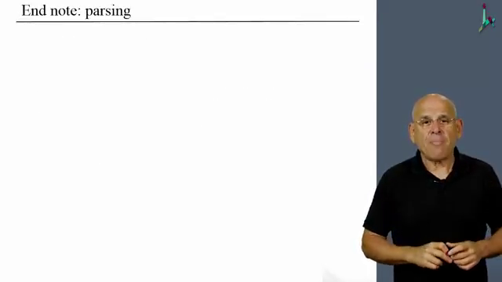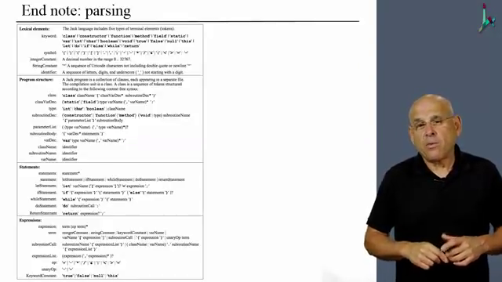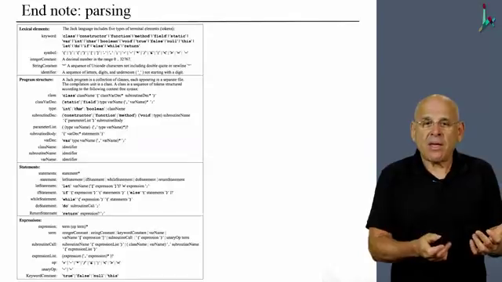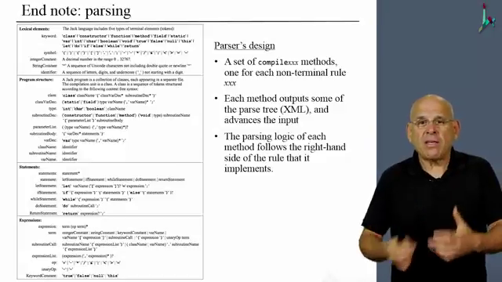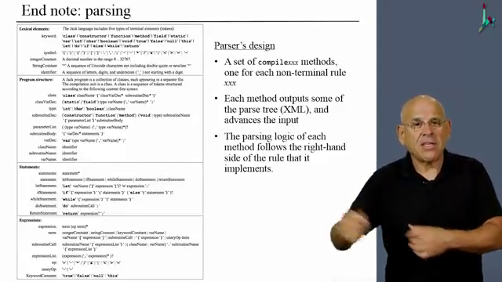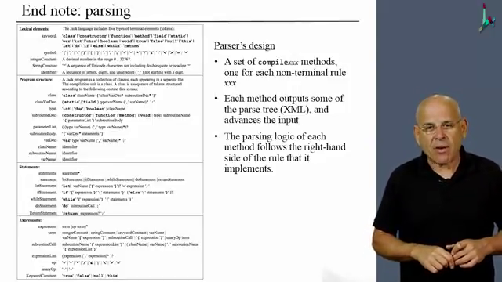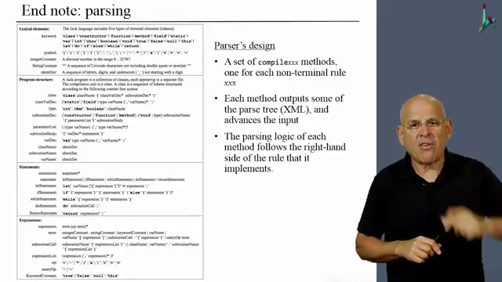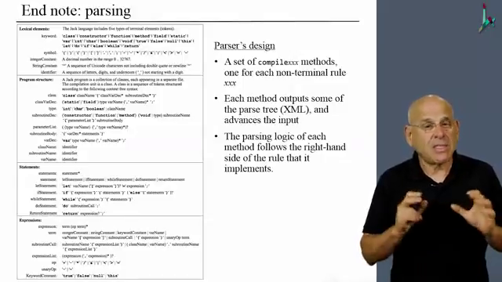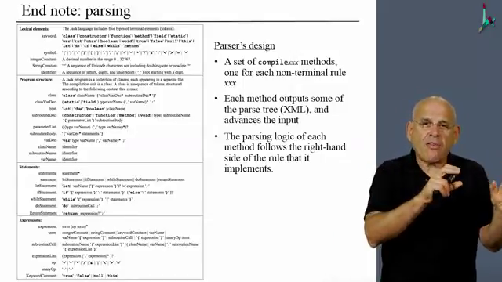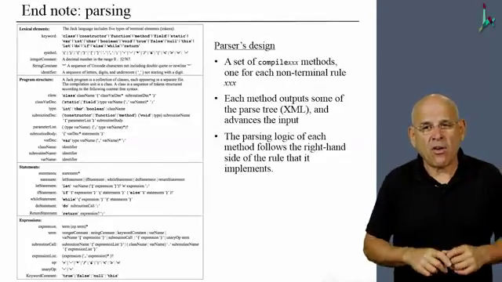So to recap, we gave the entire Jack grammar, and we need this grammar because this is the recipe according to which we're going to write our parser. The parser is going to be a set of compile routines, one for almost every non-terminal rule that you see in the grammar. We're going to skip some of these rules because they are very shallow, and I'll have more to say about it in the subsequent units, but essentially we're going to have a parsing routine for every non-terminal rule.